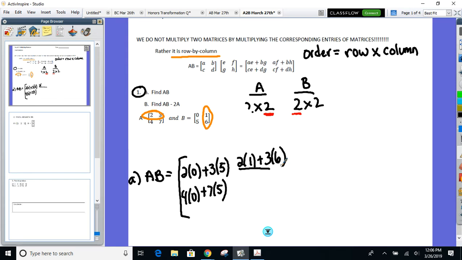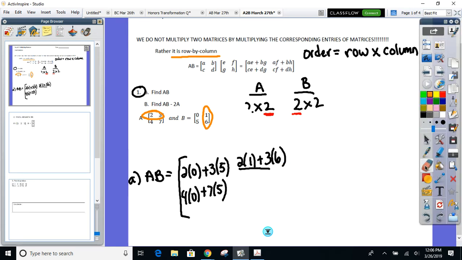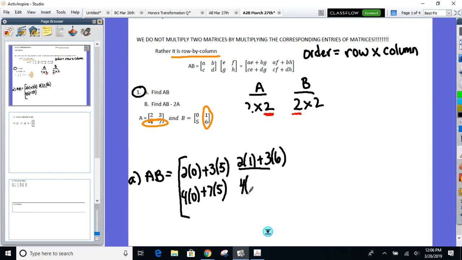And in the final spot, I'll do row 2, column 2. And in that spot, I'll end up putting 4 times 1 plus 7 times 6. And I'll do those calculations out, and I'll get my 2 by 2 matrix. You guys can take a quick second, use your calculators.